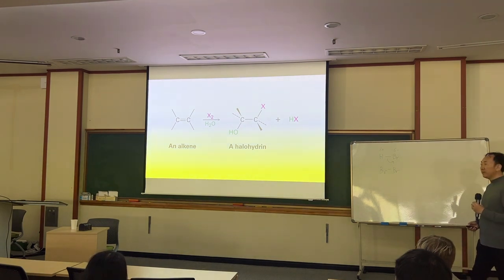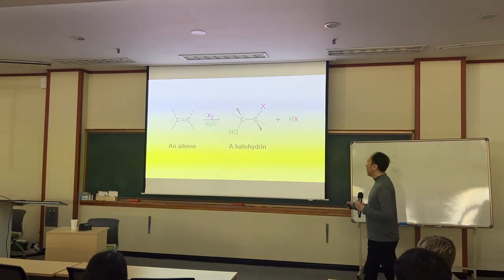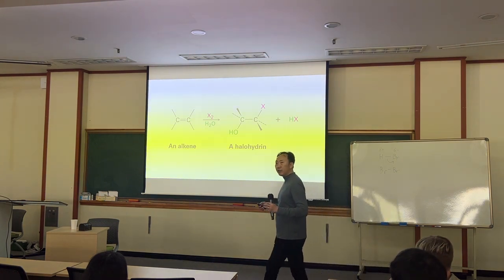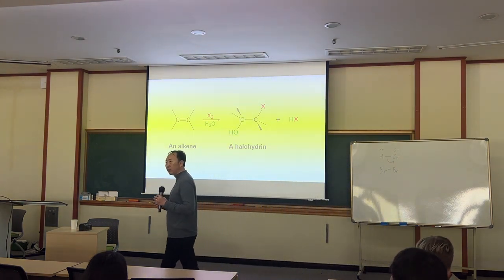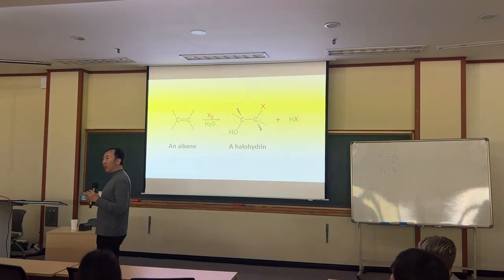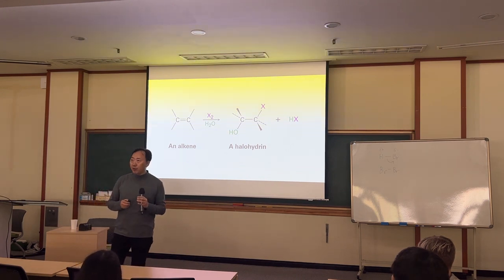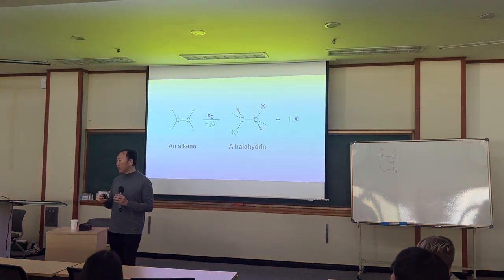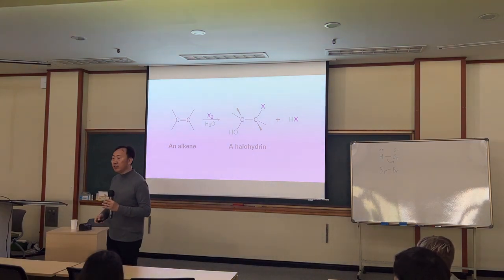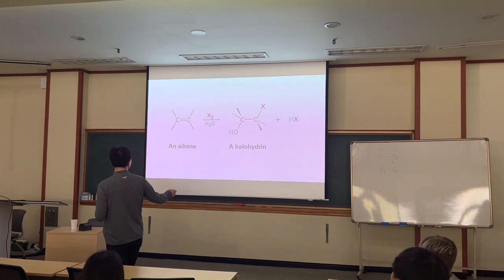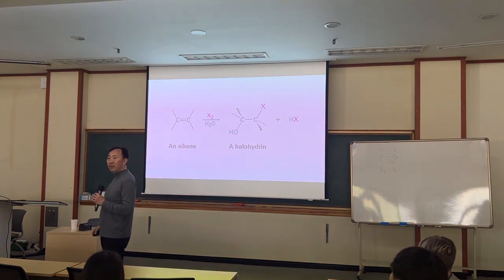Very similar, but in this case, now with X2, the first intermediate would be a halonium intermediate. And now if you add water, as we have seen in a similar case before with the HX reaction, they compete. Water is a nucleophile, X minus is a nucleophile. The intermediate is the same bromonium intermediate, and then X minus and water compete.